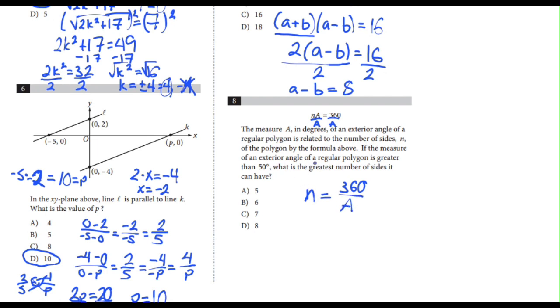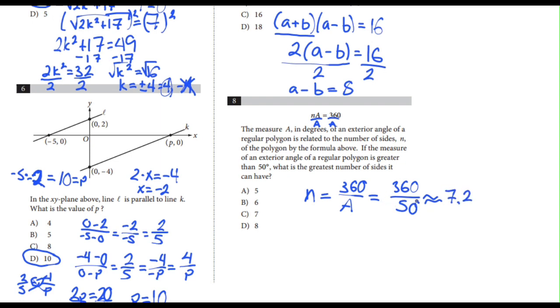They want this value of a to be greater than 50. What's the maximum number of sides n if the external angle of a regular polygon is greater than 50? So first, let's see if it is 50. What do we end up getting? So 360 divided by 50 is approximately 7.2.